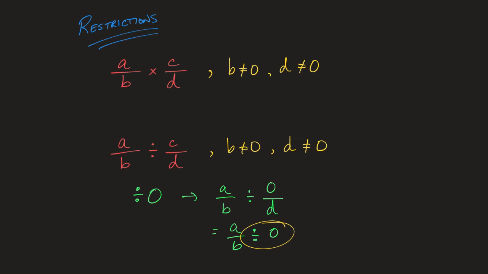That if the C value is 0, then the whole second fraction's value is 0. And so I actually create a divide by 0. That's why we have that extra restriction on the end. It's not because of a flip and multiply. It's because there's actually 3 divide by operations in the second one.